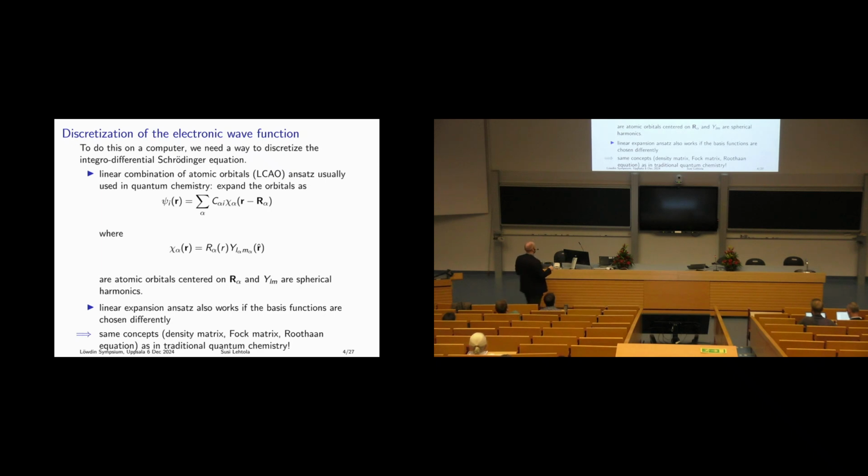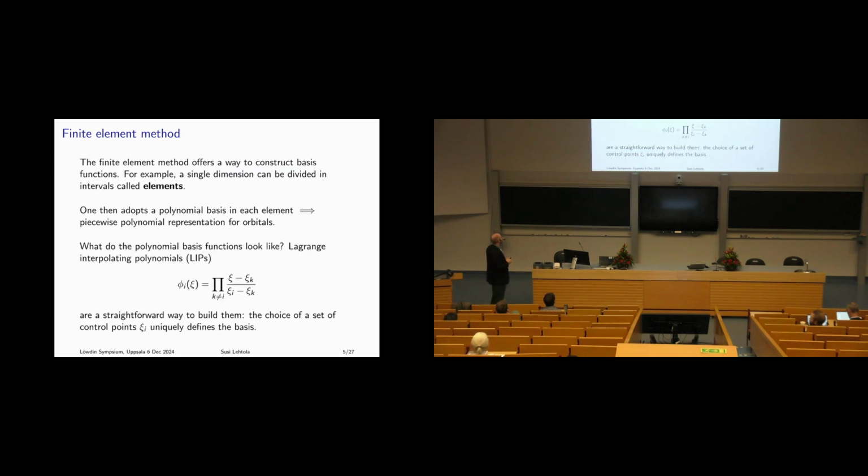So the trick is that if you know quantum chemistry in a Gaussian basis, all the same concepts also apply when you choose your basis functions differently. You still have Fock matrices, you still have density matrices, you can still do all the SCF convergence acceleration in the same way, provided some limitations. So what are these limitations?